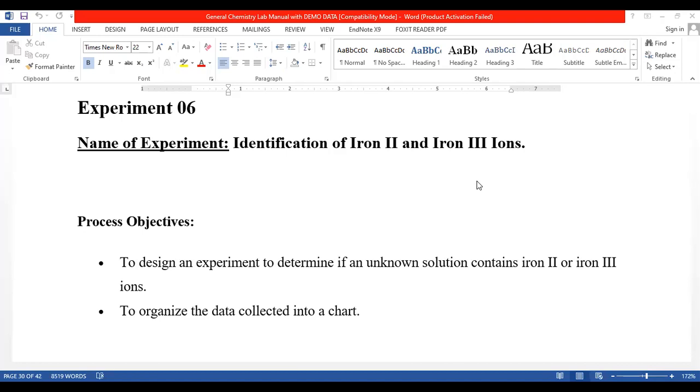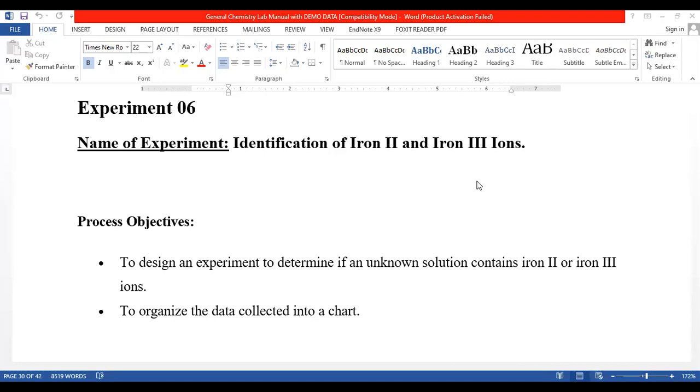When iron is using a particular valence, we need to mention the valence using Roman numerals, like 2 or 3. Similarly for copper, so we call it iron 3 chloride or iron 2 sulfate, or ferrous sulfate or ferric chloride.